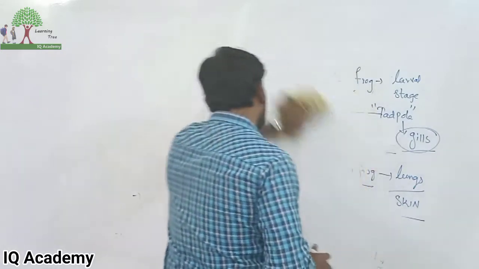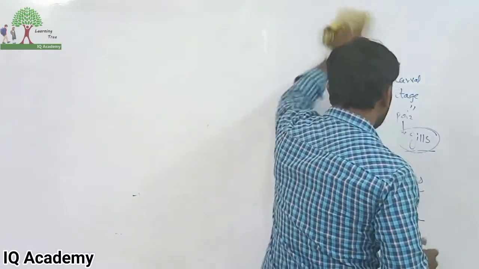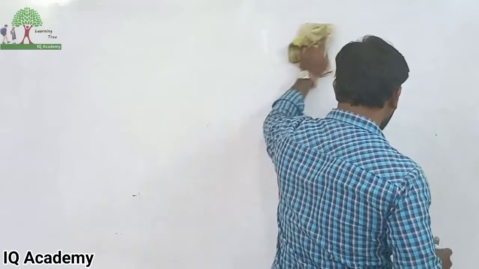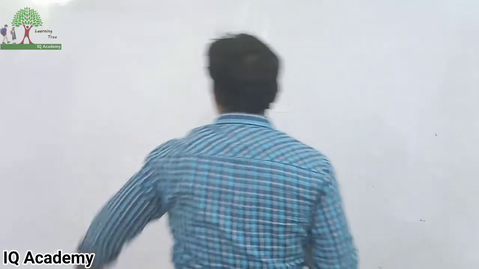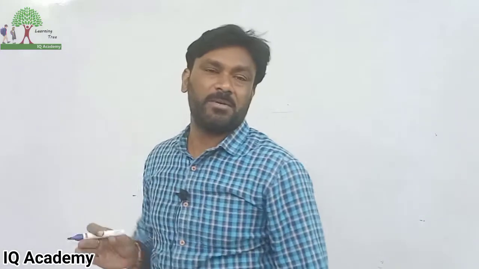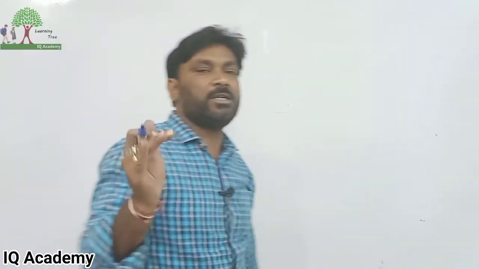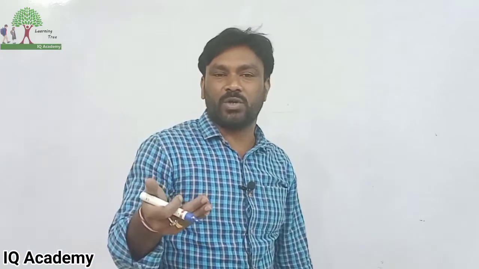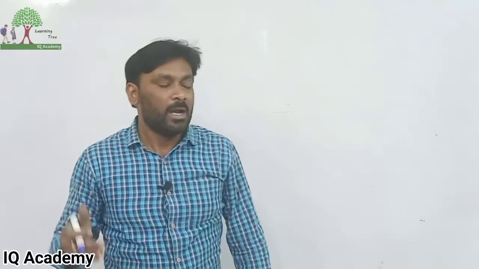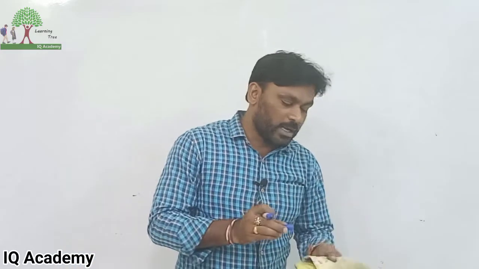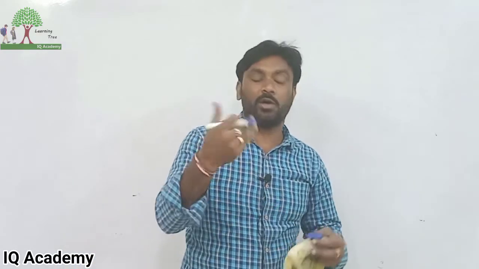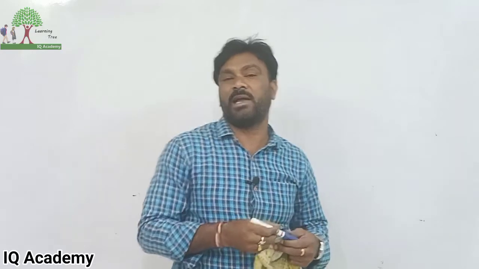And next, how the exchange of gases takes place in human beings is called pulmonary respiration. The type of respiration that takes place with the help of lungs is called pulmonary respiration. Here we are taking in oxygen and releasing carbon dioxide.